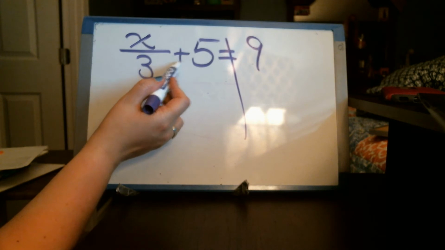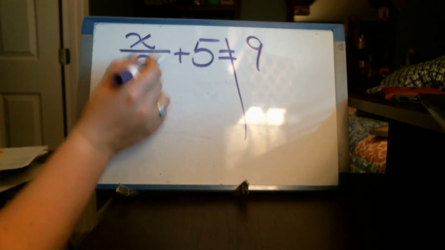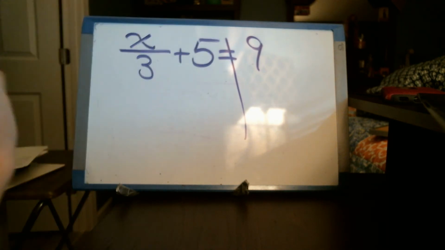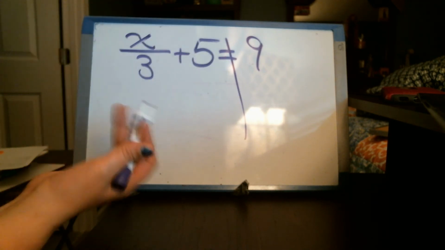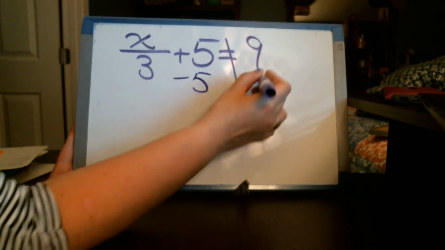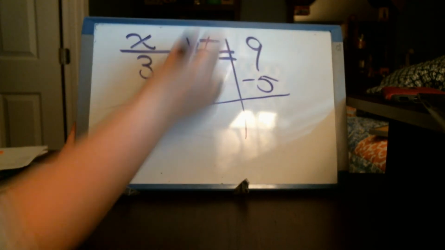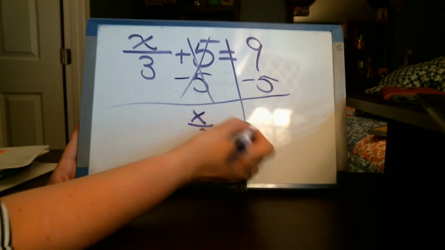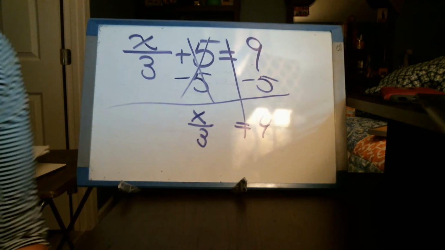And then we have our positive 5 that we need to get rid of here. So there's the whole x term, and then there's that whole positive 5 thing, which we need to get rid of. The opposite of positive 5 then is negative 5. So we're going to subtract 5 from both sides. Bye-bye. So x over 3 is equal to 4.